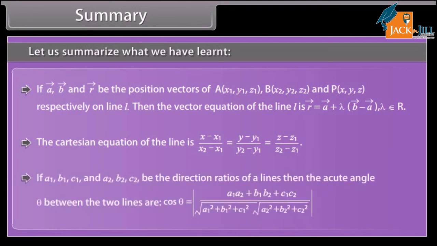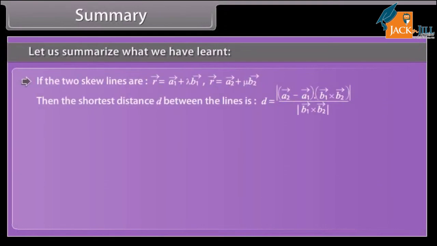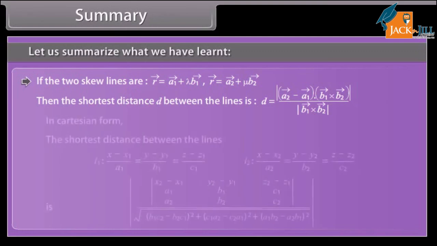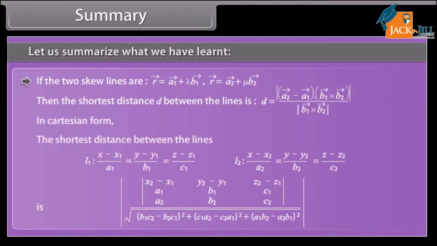If a1, b1, c1 and a2, b2, c2 be the direction ratios of a line, then the acute angle theta between the two lines is given by the formula. If the two lines are skew lines, then the shortest distance d between the lines is, in Cartesian form, given by the formula.